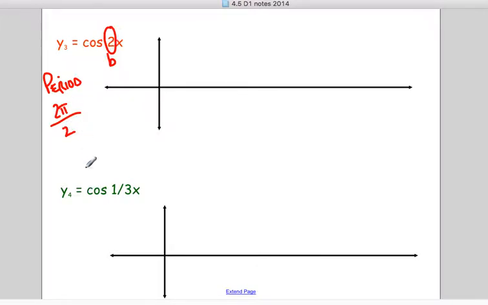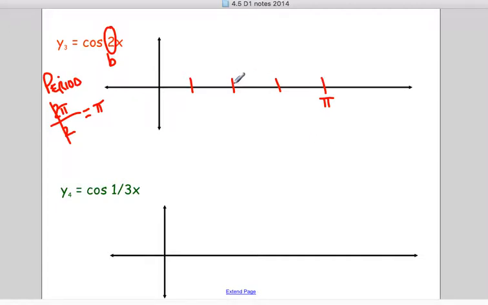So we're going to divide by 2. Okay, those 2's cancel, so we get pi. That's the period now. So again, make 4 tick marks. Whatever the period is, that's the last tick mark. So the last tick mark is pi.